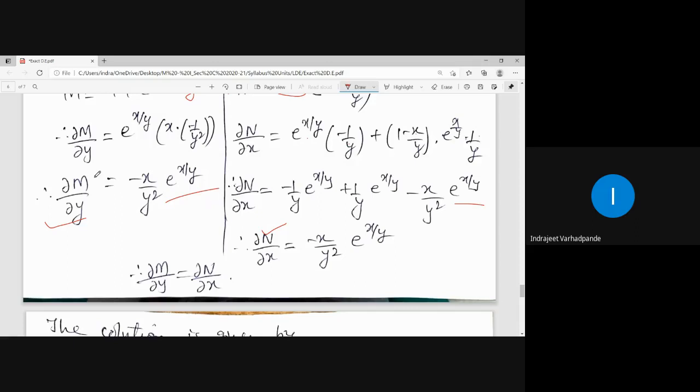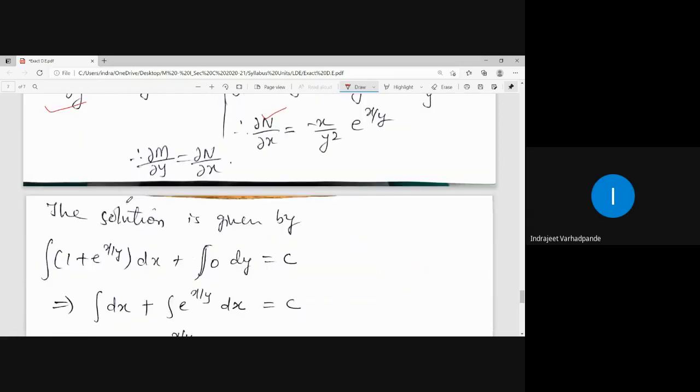Okay till here? Yes, sir. So the solution is given by integration of m dx keeping y constant plus terms of n containing only y dy is equal to c.